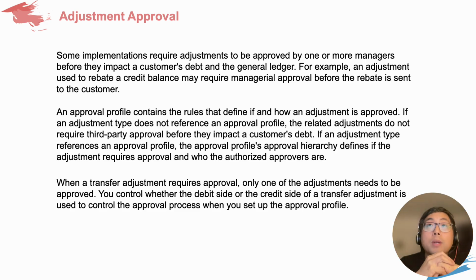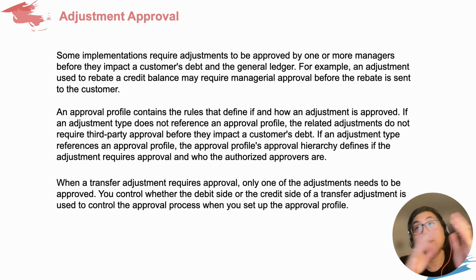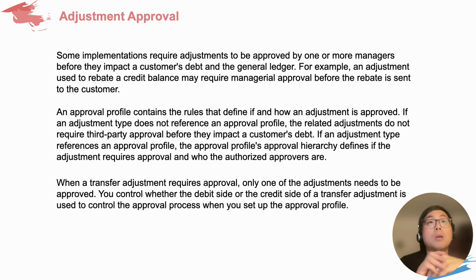You can define a matrix with different levels, and which user group should be assigned to each. Maybe it's a manager, first level manager, second level manager, etc. When a transfer adjustment requires approval, only one of the adjustments needs to be approved. With transfer adjustment, you always have a plus and minus.